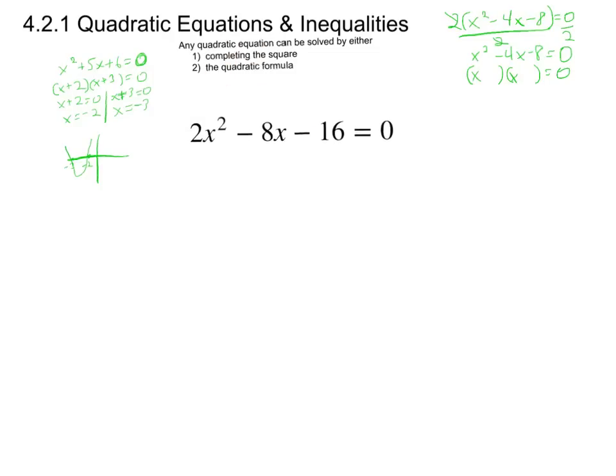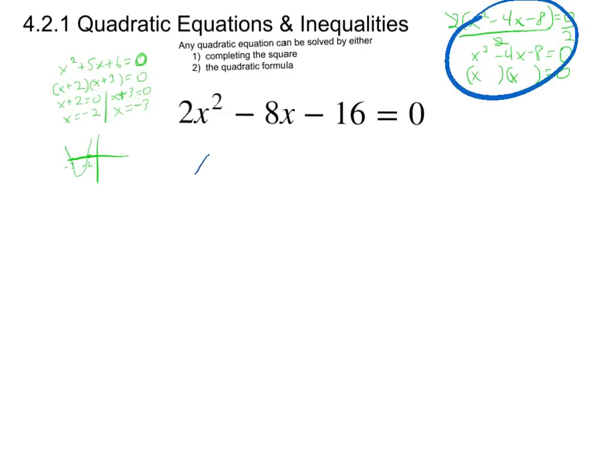Alright, so here we go. We have this problem, and I'm going to do the same thing we just did up here. I'm going to take the common factor of a 2 out because we might as well make our numbers smaller. You'll get the same value, but you might as well keep the number smaller. So if I divide both sides by 2, like we did up there, we're going to get this, x squared minus 4x minus 8 equals 0.